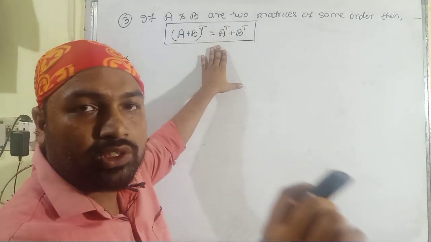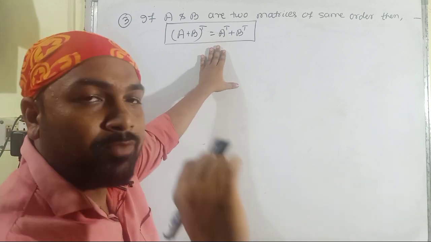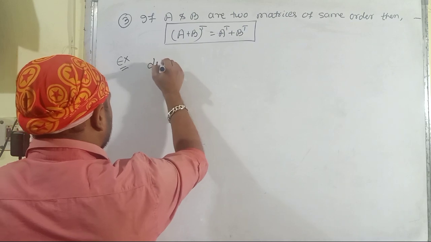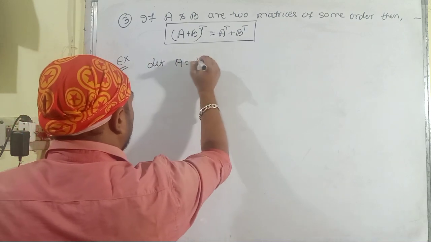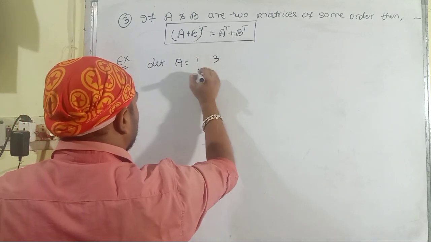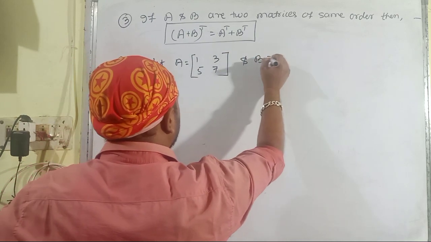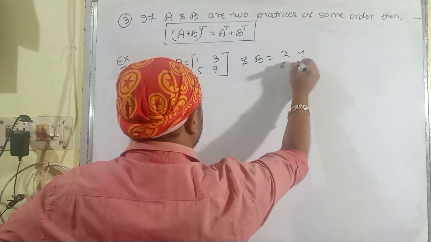And we have to prove this property by taking an example so that it will be clear to you. Let A is equal to 1, 3, 5, 7 and B is equal to 2, 4, 6, 8.